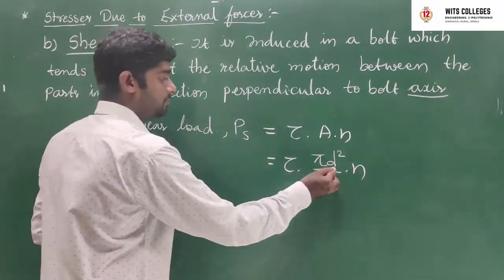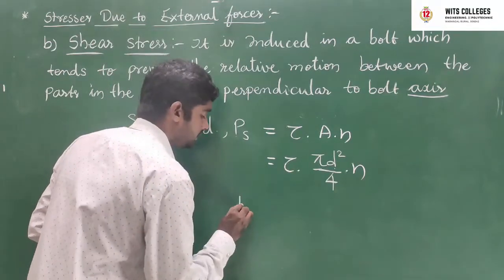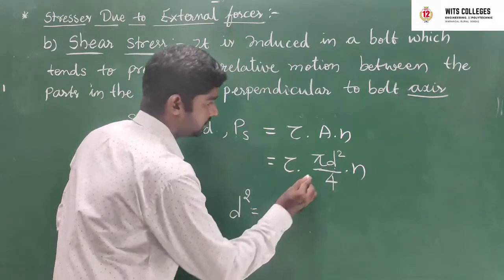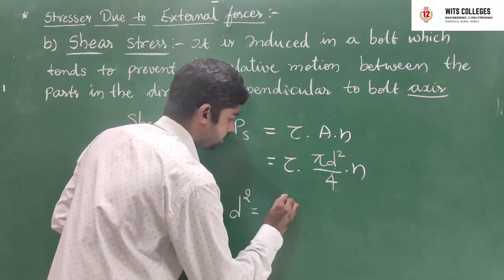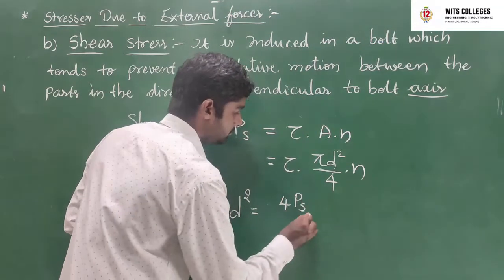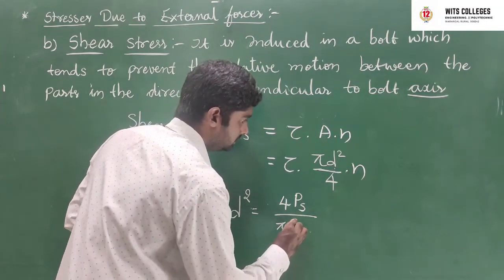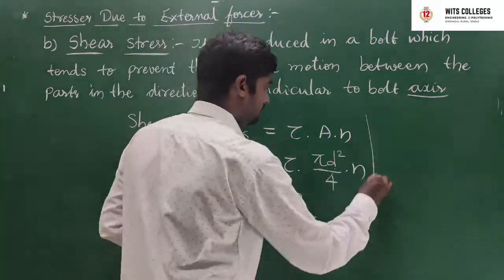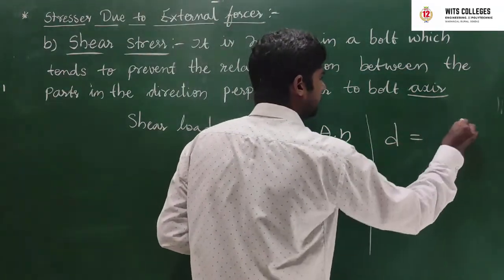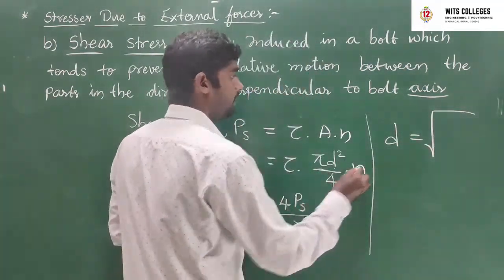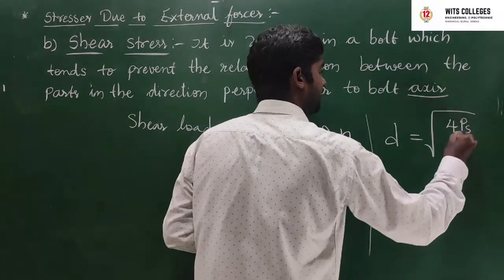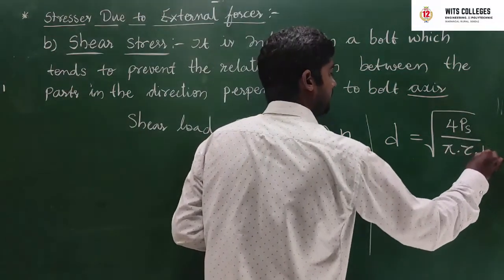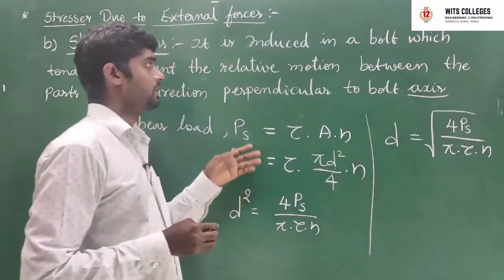Using this, find out d. d square is equal to 4 PS by pi into shear stress into n, so d is equal to the square root of 4 PS by pi into tau into n. This is due to shear stress.